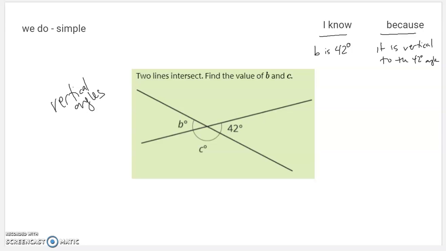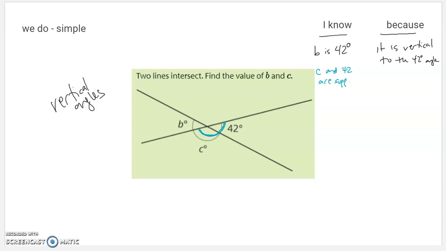And what about C? So C I can't use vertical angles to find, but I can use supplementary angles to find. You'll notice C and the 42 degree angle together make a straight angle. So I can say I know that C and the 42 are supplementary.